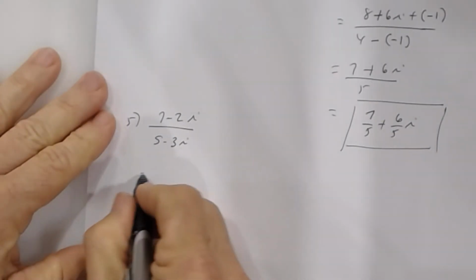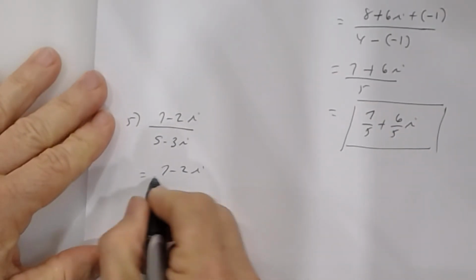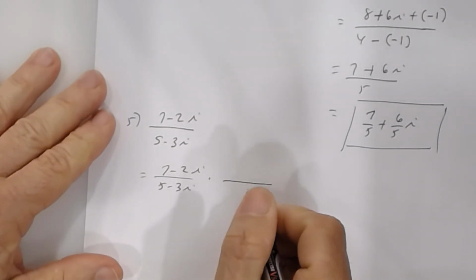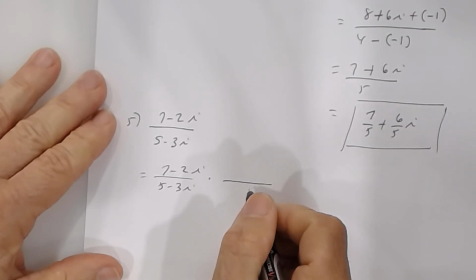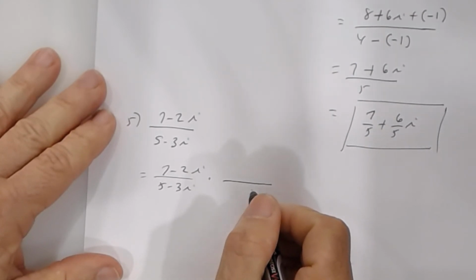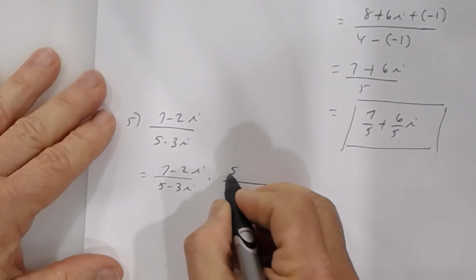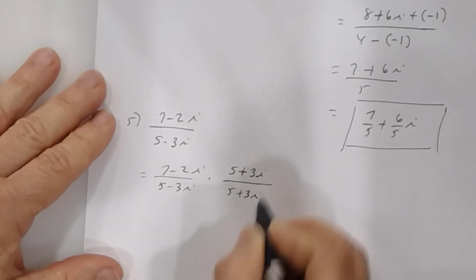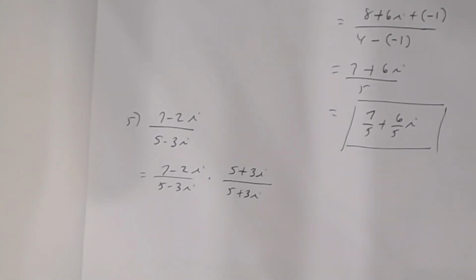So you're going to say 7 minus 2i divided by 5 minus 3i, and then we'll multiply numerator and denominator by the conjugate of the denominator. So it'll be 5 what? 5 plus 3i. And now I'm multiplying these two fractions, so I'm going to put it as one fraction.